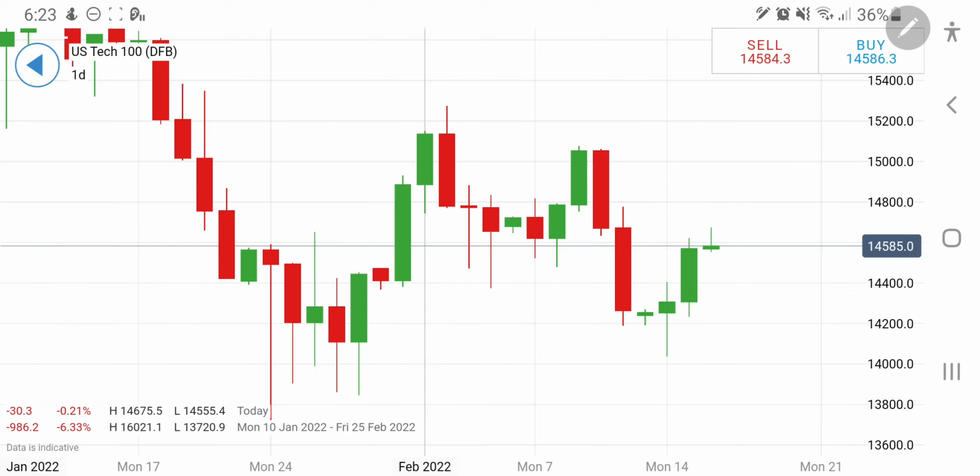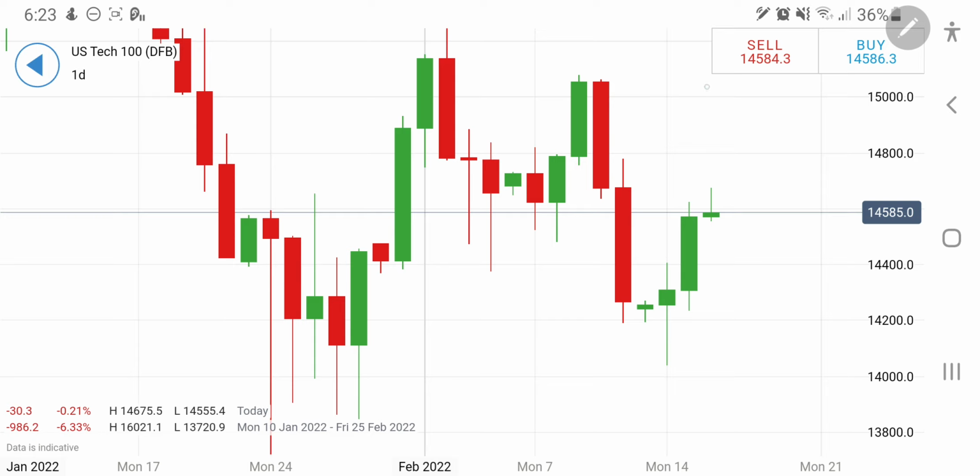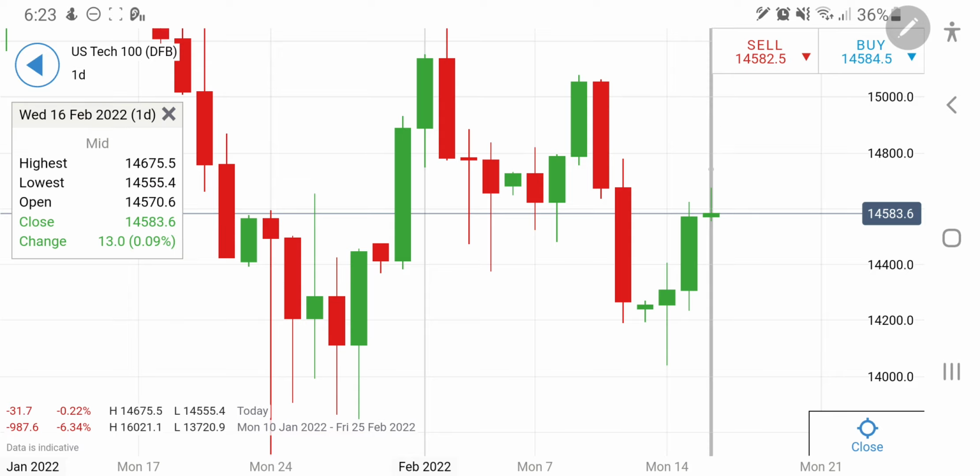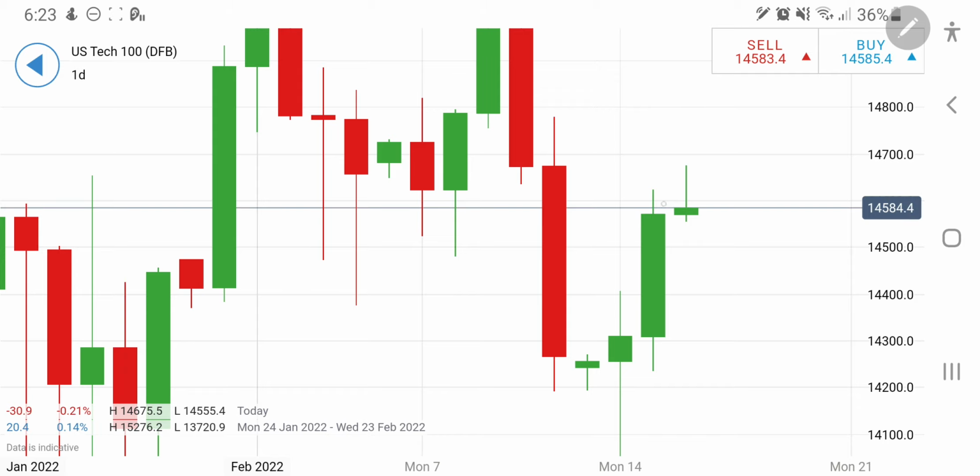Now look at the US100 chart. It has formed a kind of mega form pattern and achieved a high here. You can see it has achieved the high, but bulls are not taking charge in the markets, and bears are trying to pull it back.